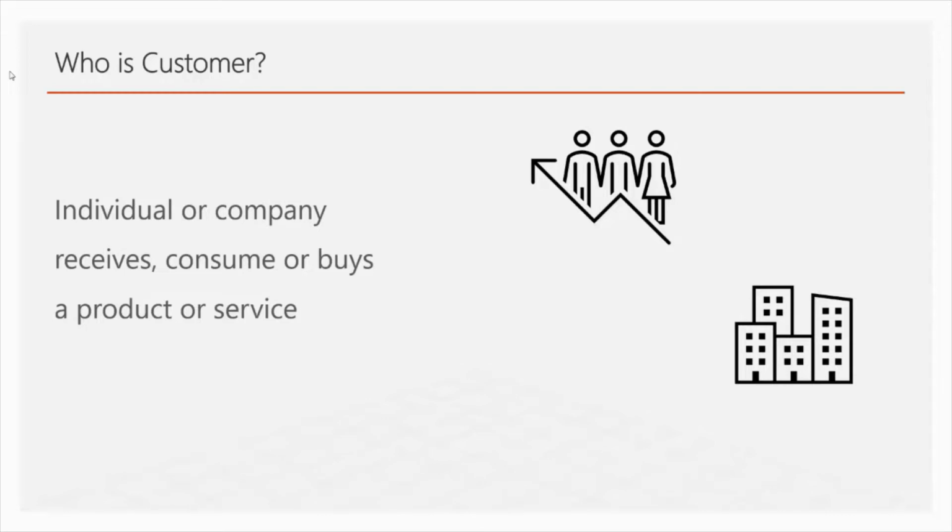A customer is an individual or company who receives, consumes, or buys a product or service from the seller. There are two entities: one is a seller and one is a buyer. Both the seller and the buyer can be customers.